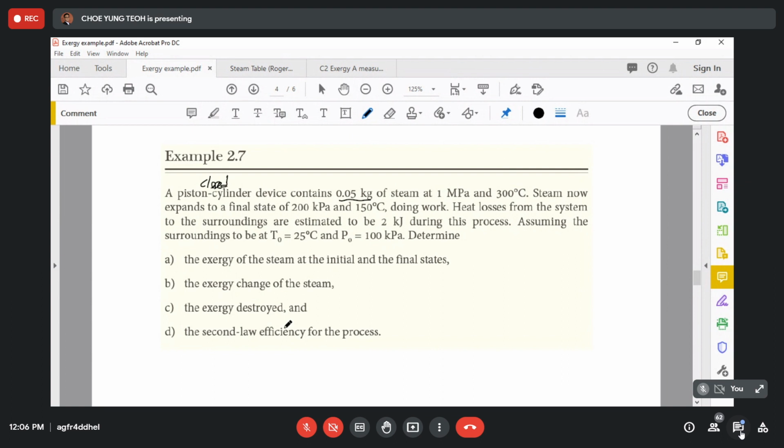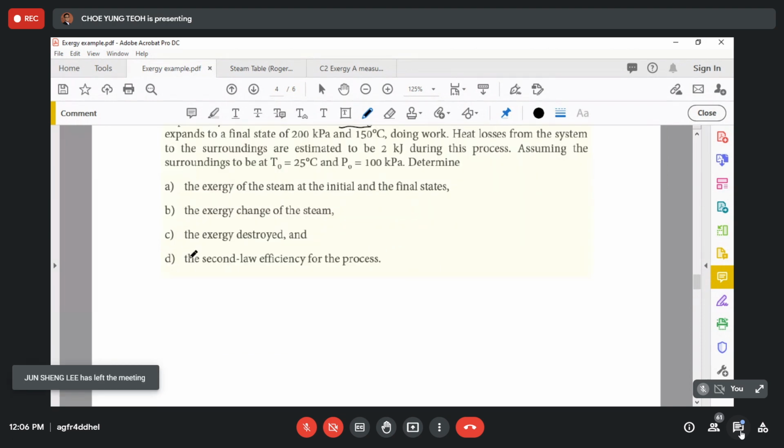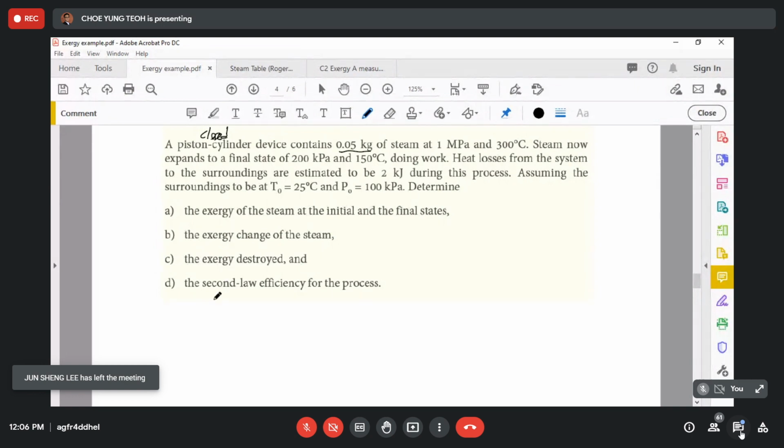So you need to determine the exergy of the steam at the initial and the final state. Same thing, write down the information that you need. We need to do it for the initial state, final state, and the dead state. So initial state, state 1: what I have, pressure 1 megapascal, temperature 300 degrees Celsius.